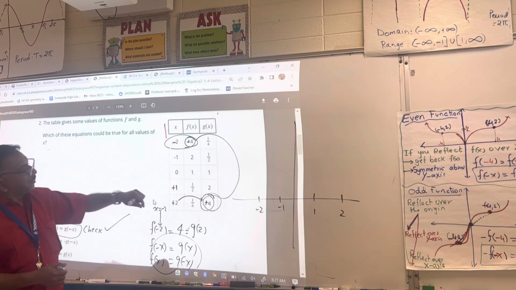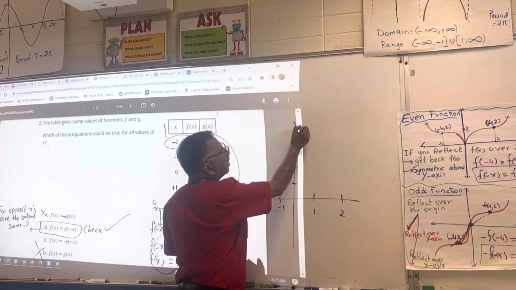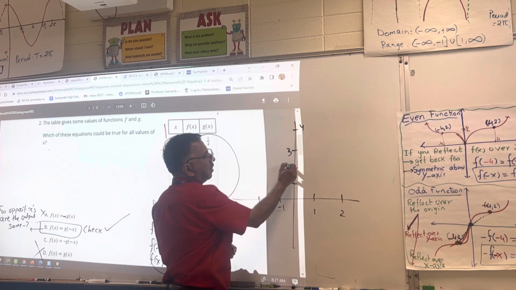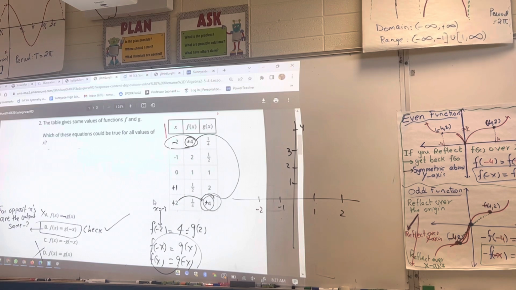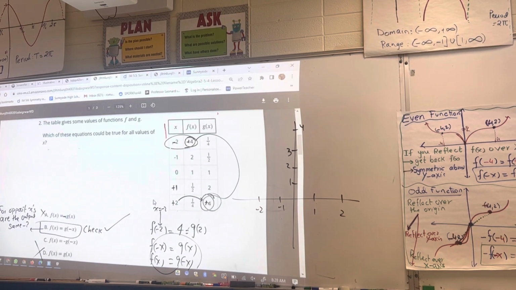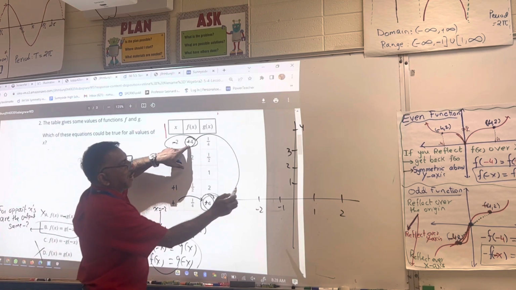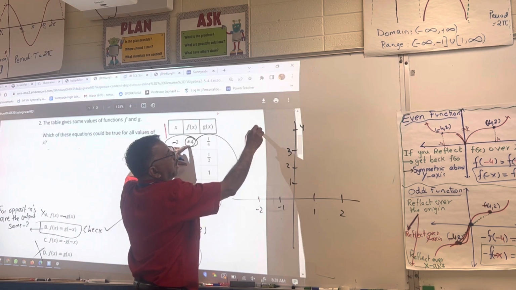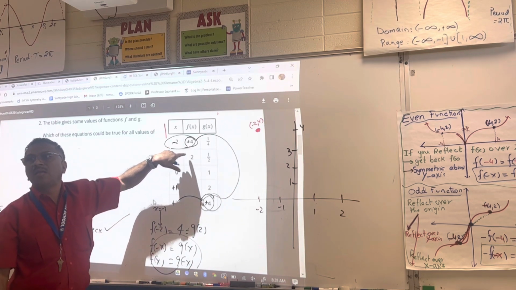Now, the maximum we have is 4, so I'll put 1, 2, 3, and 4. Can you mark this? 2 and 1. Can you mark your points? Let's see what's happening. First one, the f graph. Minus 2 is 4. Where is minus 2? Minus 2 is 4, right here. Correct?